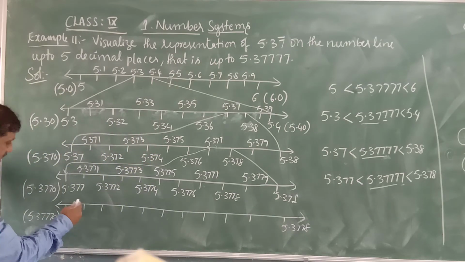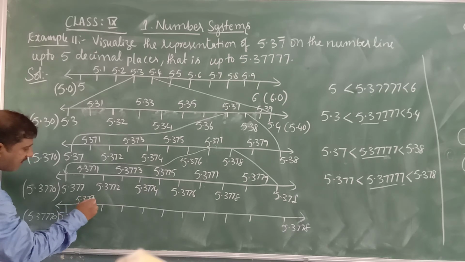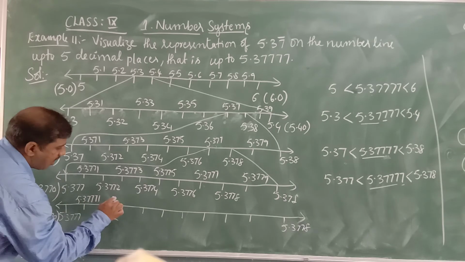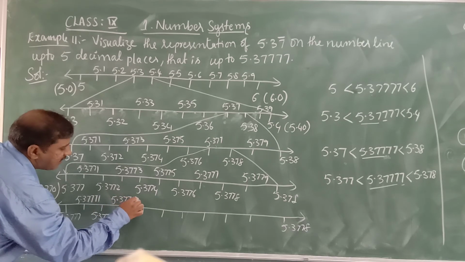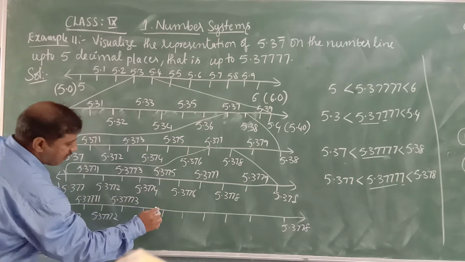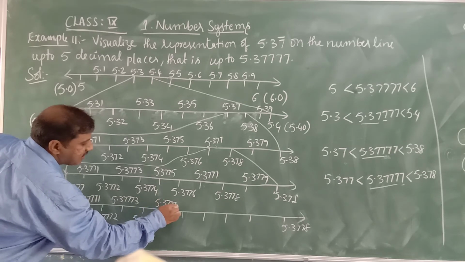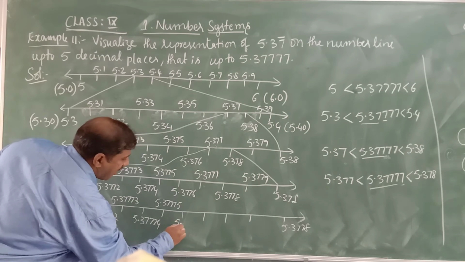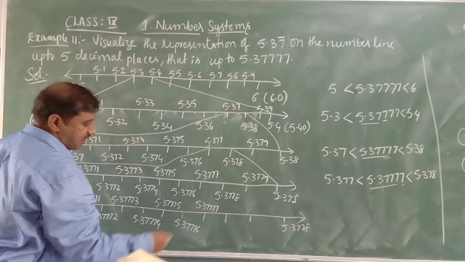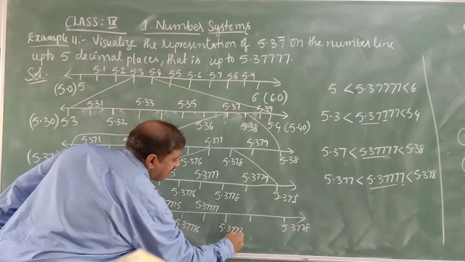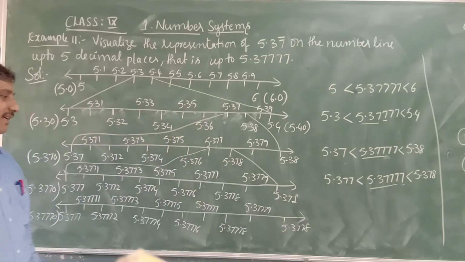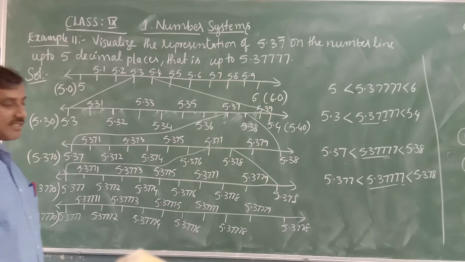Now this number will become 5.37771, 5.37772, 5.37773, 5.37774, 5.37775, 5.37776, 5.37777, 5.37778, 5.37779, and 5.37780.